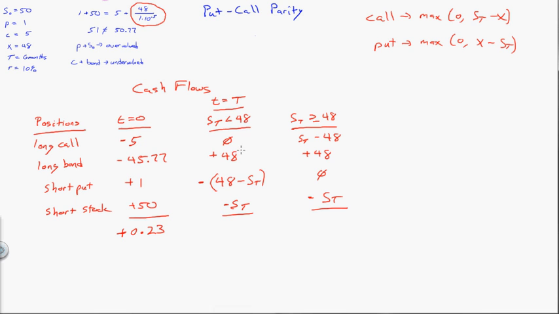I add those up, the 48s cancel, the STs cancel, that's 0. So this proves that I can get in these positions right here and get a positive cash flow of 23 cents. And in the future, I have 0 cash flow.